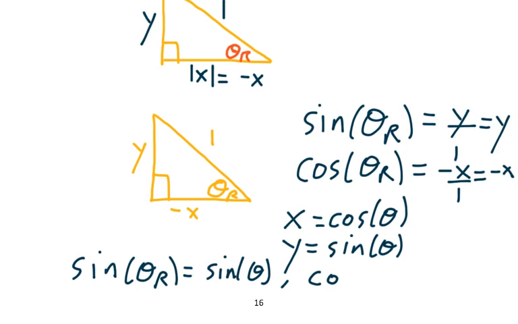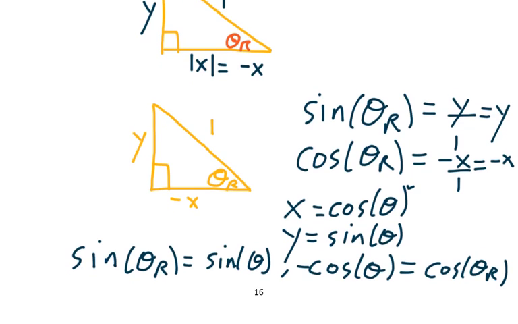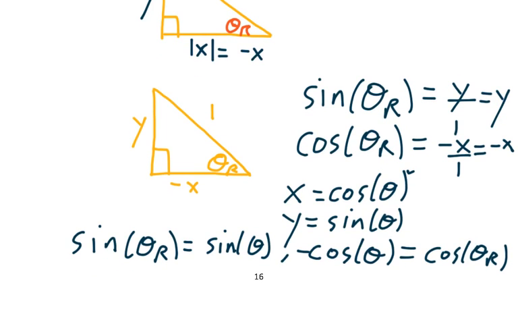And negative cosine of theta is actually cosine of theta sub r. And hopefully you know from basic algebra that you could just bring the negative to the other side, and you get cosine of theta is negative cosine of theta sub r. And that's why. That's the idea behind why this works.